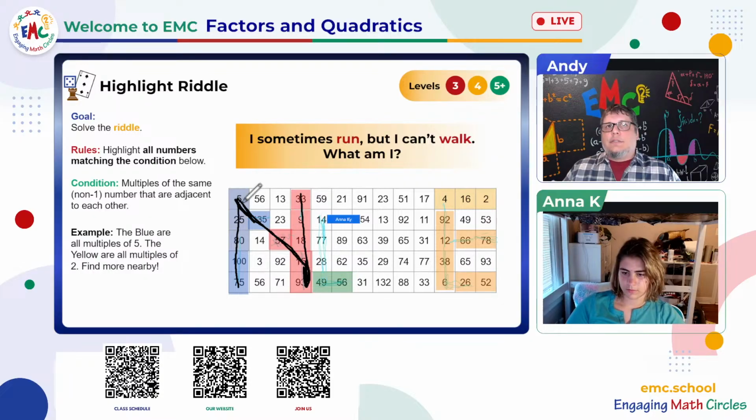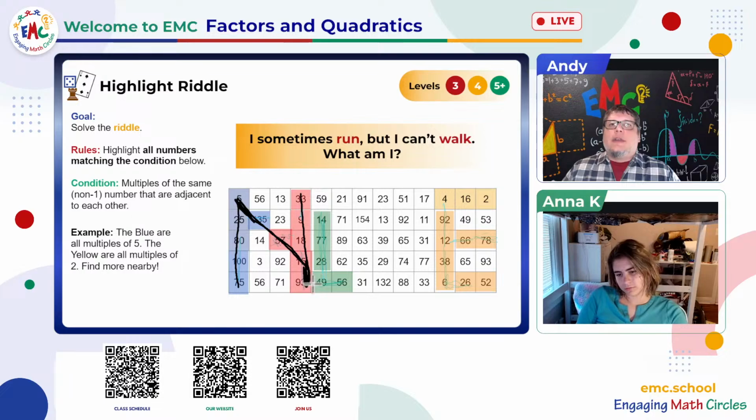Fancy N. More 7s here. Any more 7s nearby? No, I don't think so.